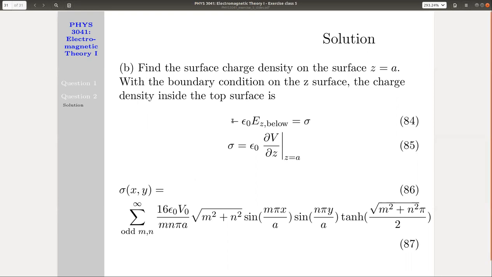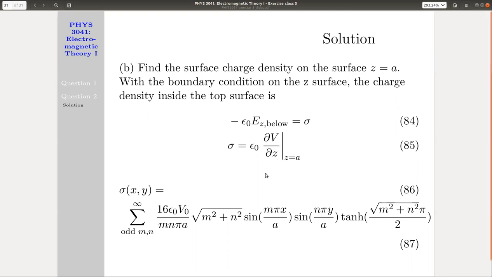So here we have minus epsilon naught E z equals the surface charge density. Because the electric field normal to the surface is simply minus the partial derivative of the potential with respect to z, the charge density is simply epsilon naught times the derivative of the potential with respect to z.